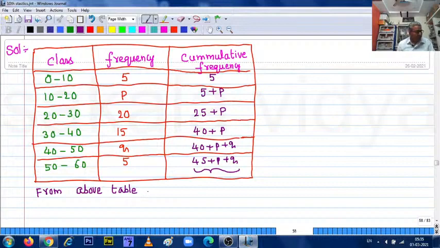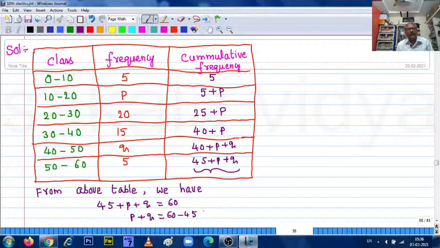From the above table we have 45 plus P plus Q is equal to 60, sum of the frequencies. P plus Q equals 60 minus 45. So, P plus Q is equal to 15. Say equation 1, this is the first equation.